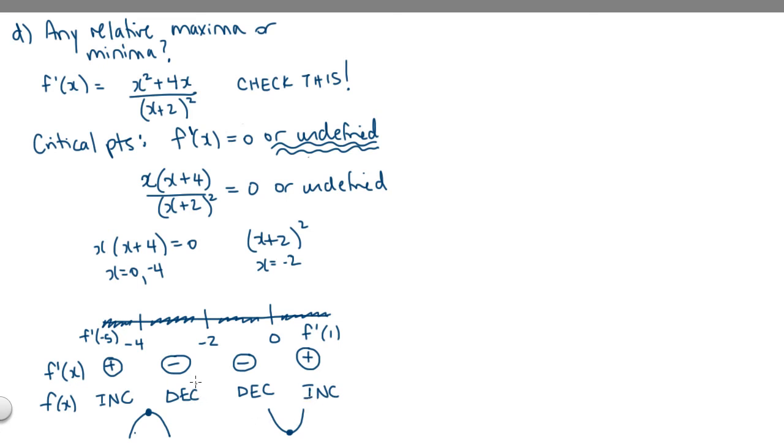If our function goes from decreasing to decreasing, that doesn't correspond to a maximum or a minimum. So 2 points to answer the question. We've got a relative max, and that happens when x is equal to -4. We've got a relative min when x is equal to 0.